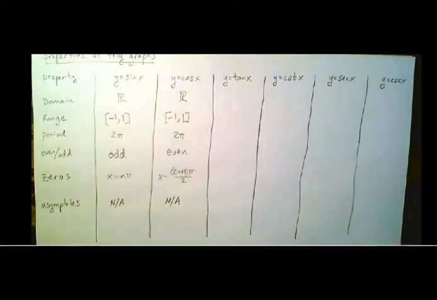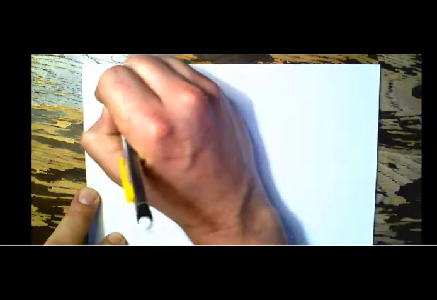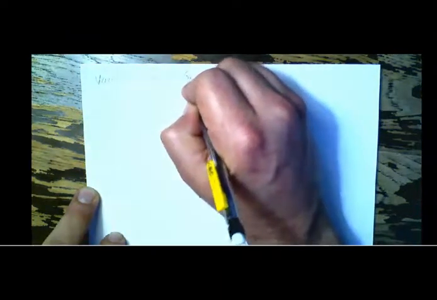So now I'd like to look at how we graph transformations on the trig functions. So save this for later. So we're going to look at variations of the graphs. Okay.